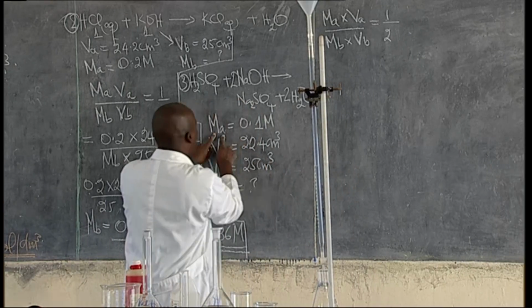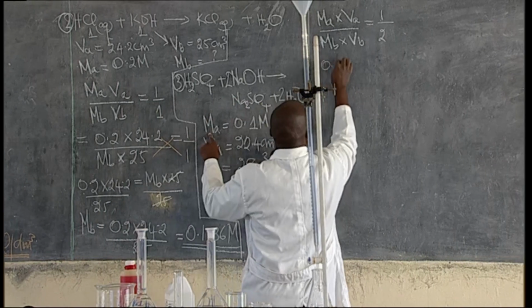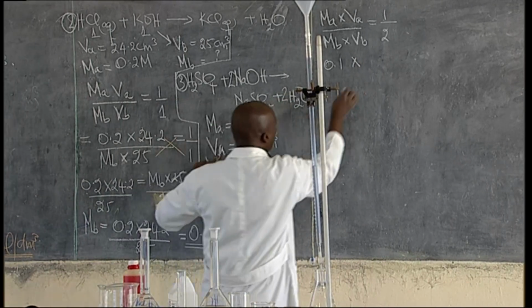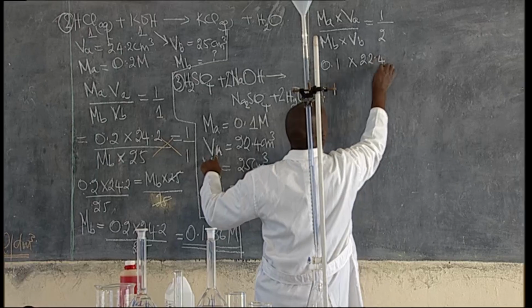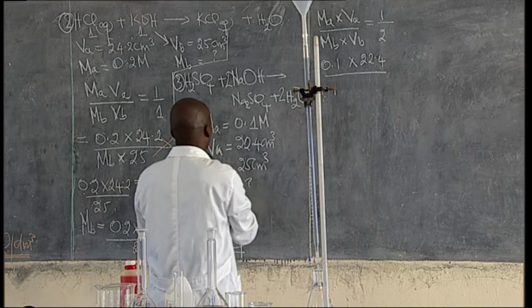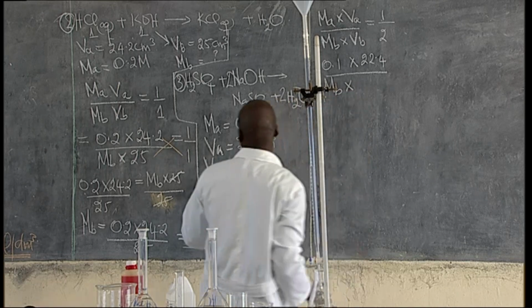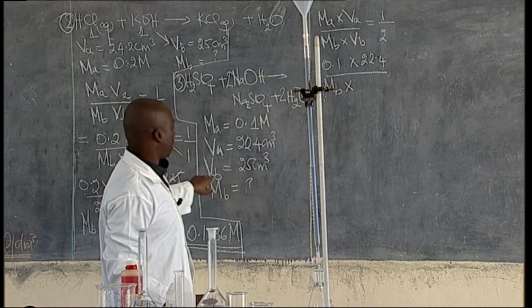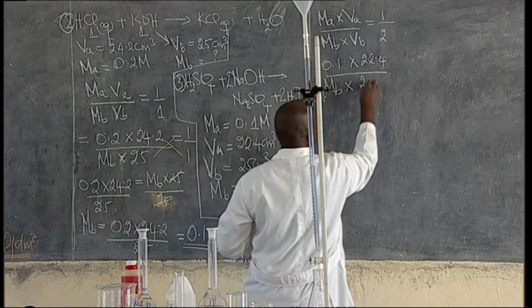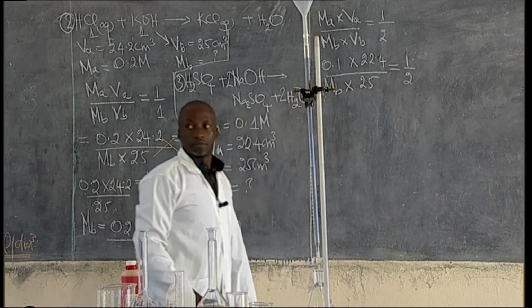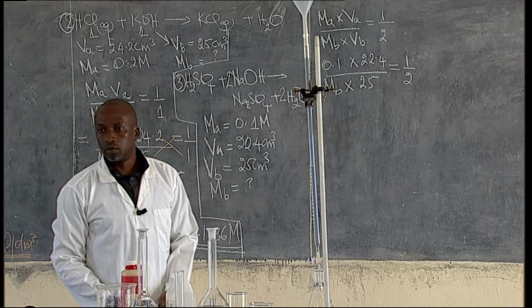Substituting the values, molarity of the acid, 0.1 times volume of the acid, 22.4, divided by molarity of the base, which you don't know, times the volume of the base, which is 25. Equate it to 1/2. What is the next step?